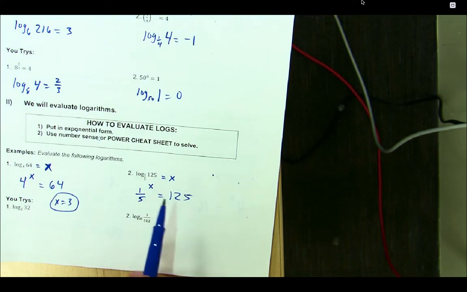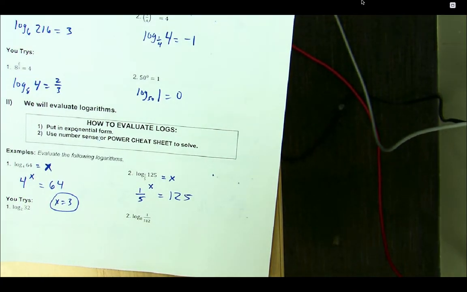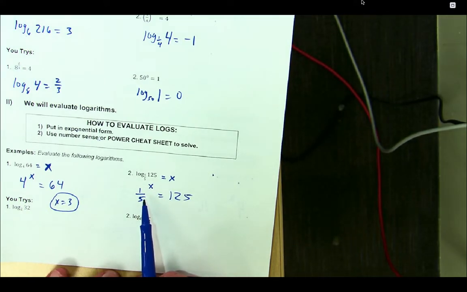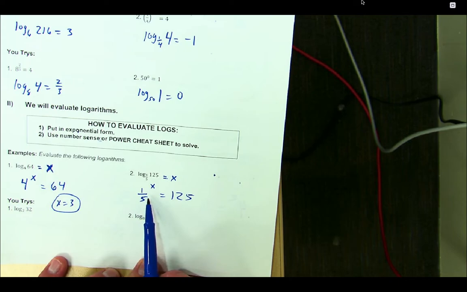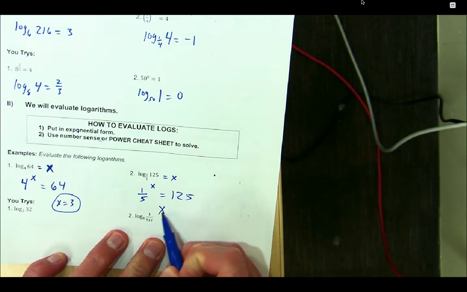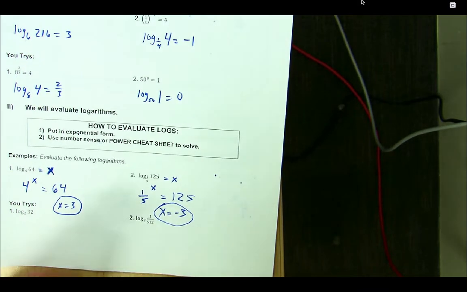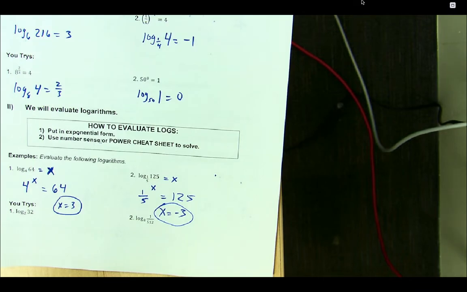If you see a 5 and a 125, 5 to the third power is 125. 5 times 5 times 5 gets you 125. But since this is more of a fraction and the 5 is in the denominator, if you make this a negative 3, then it'll become a positive 3 in the numerator, so then 5 to that positive 3 in the numerator gets you 125.